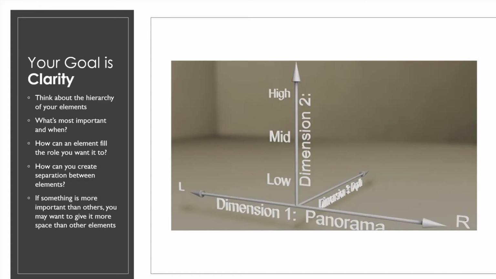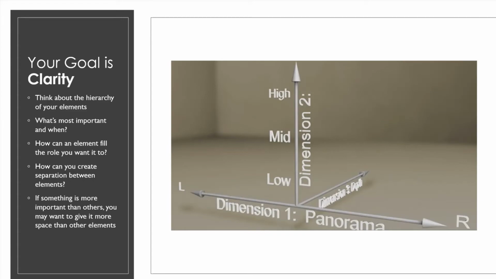Last slide here, I said I was going to end with it, and so now I'm ending it. Your goal is clarity. The best way to make one thing sound good is to not focus on making that one thing sound good. Focus on making that thing fit with everything else. So some big things to think about are the hierarchy of your elements.